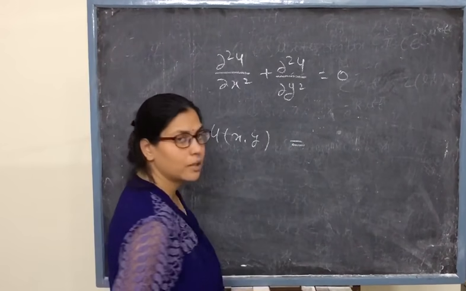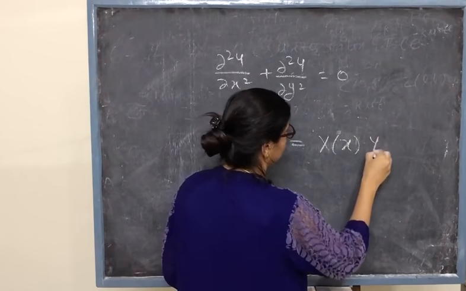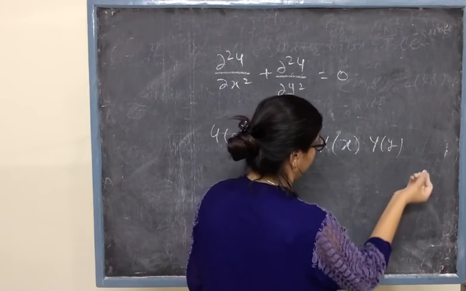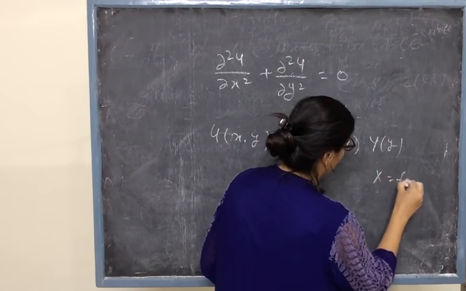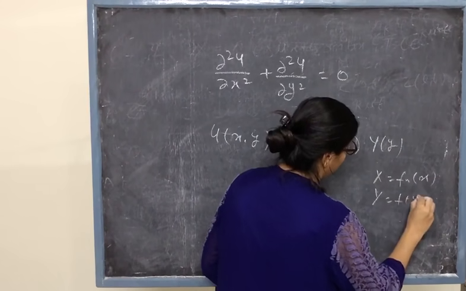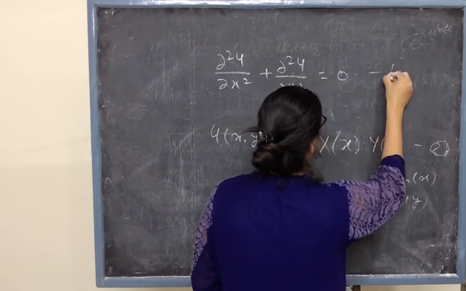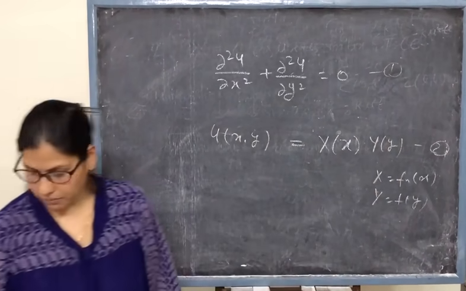So using the separation of variables method, we take u to have a solution of the kind X times Y, where X is a function of only x and Y is a function of only y. Now putting this solution in equation 1, what will we get?